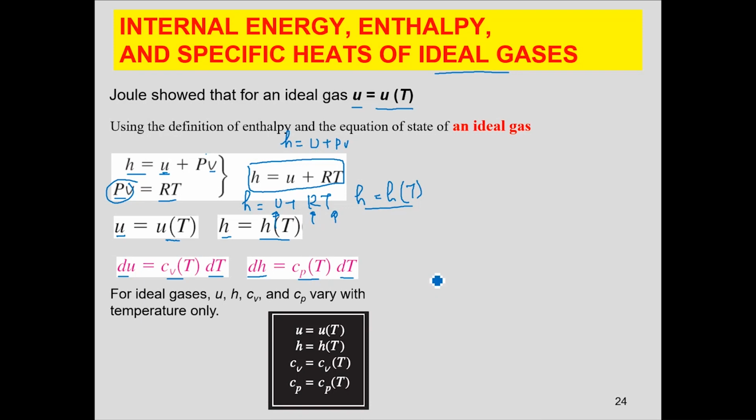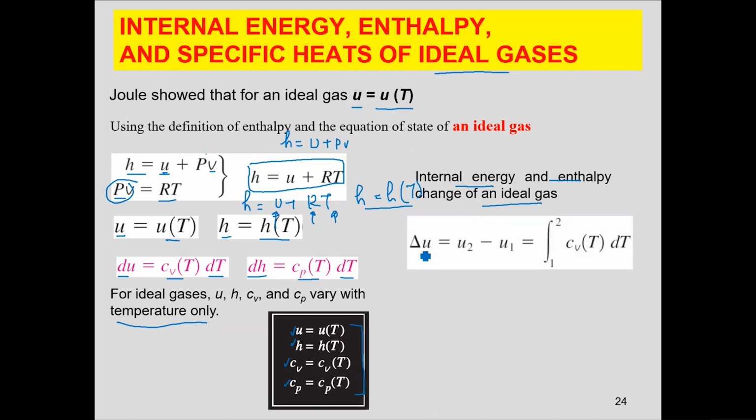So for an ideal gas, enthalpy, internal energy, Cv and Cp, all four are functions of temperature only. And the internal energy change and enthalpy change of an ideal gas could be expressed as this: delta u is u2 minus u1, or integral 1 to 2 of Cv(T) dT, where Cv(T) is a function of temperature.